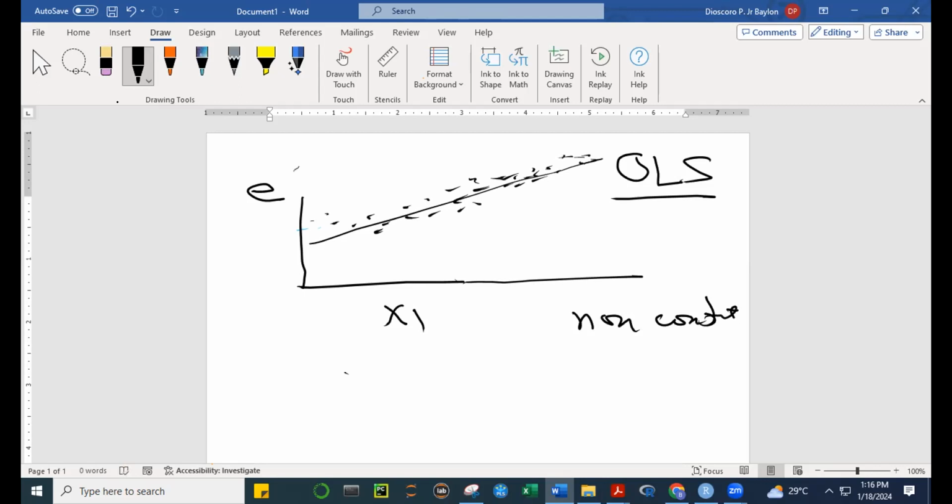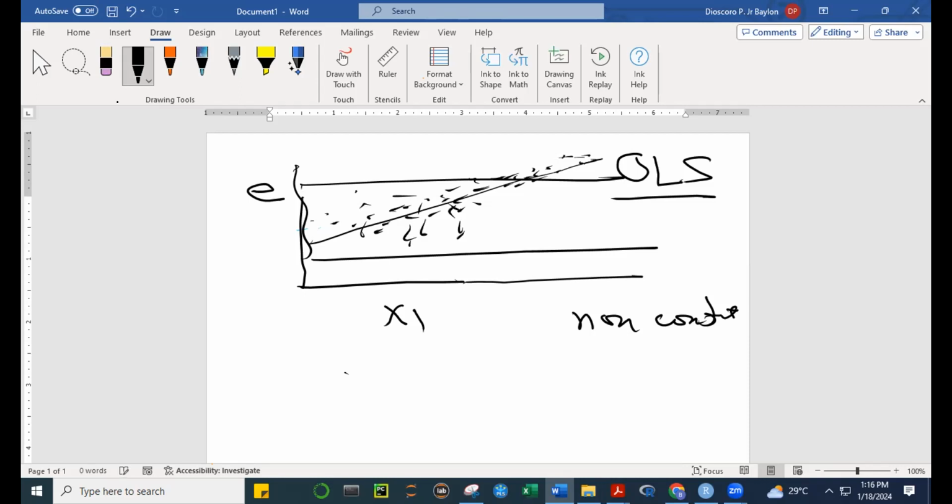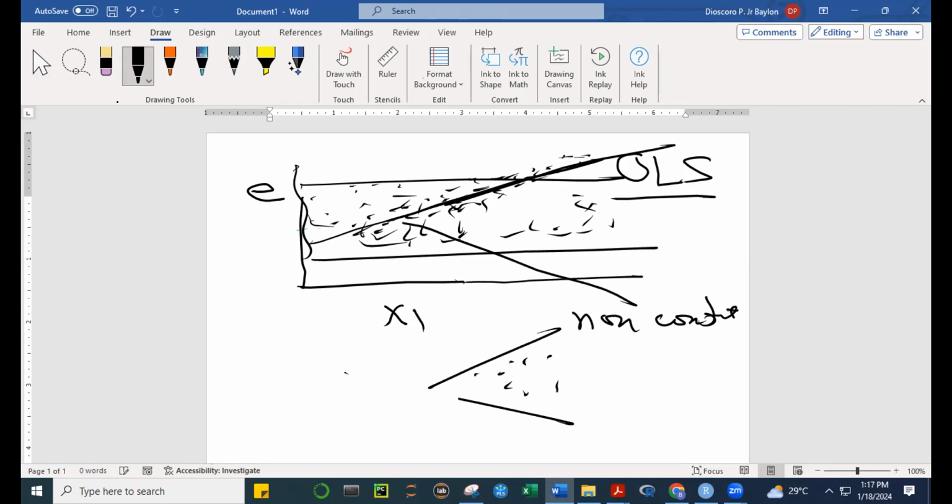Because if we draw a line here, your residuals should be randomly generated across this band. It should not have a trend. Neither should it have a fanning out. Your residuals can behave this way. So you can see that for a bigger value of X, this is your X, this is your residuals, your variance is increasing.